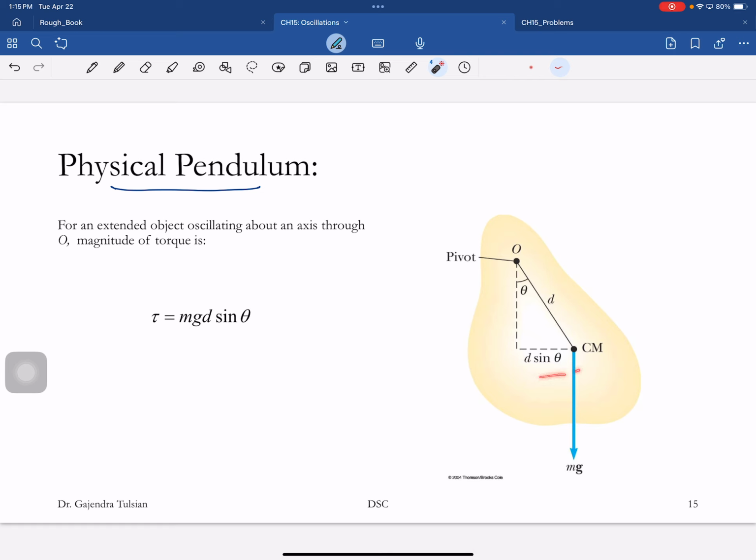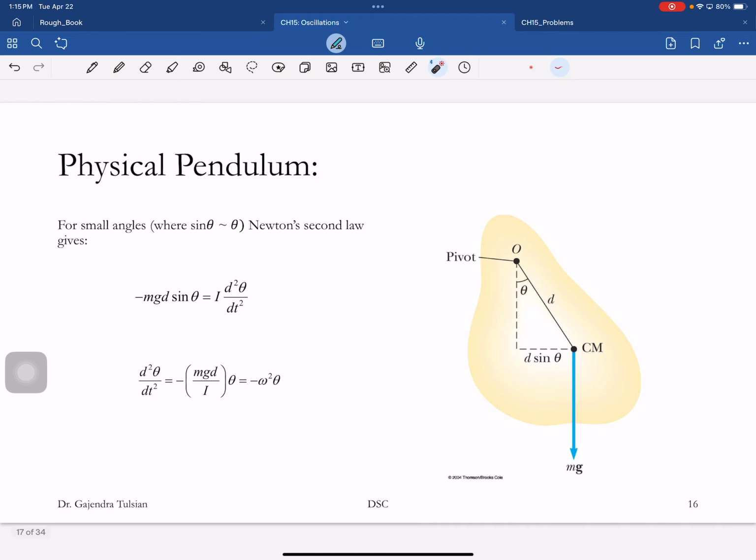So the restoring torque is mg, the weight, times d sine theta, the moment arm term. So the weight times d sine theta is the restoring torque. Again, Mr. Newton tells us the torque is I times alpha, and that's what we've done.